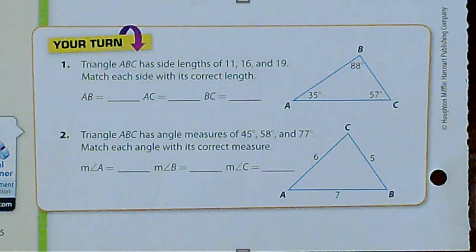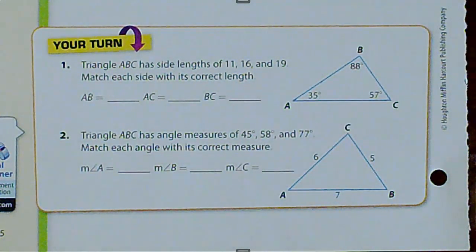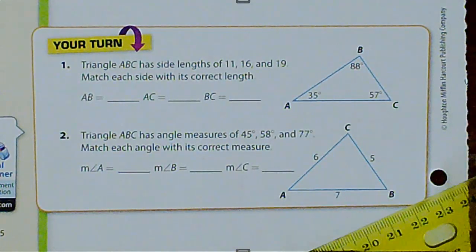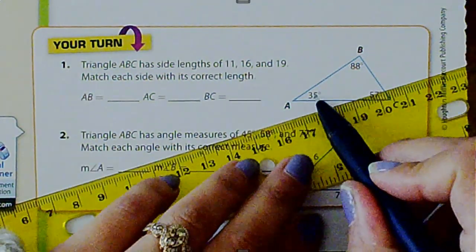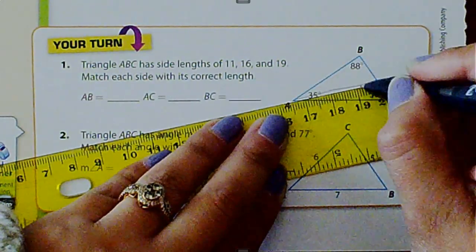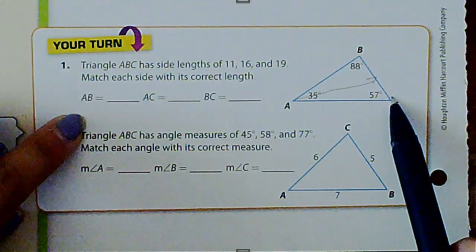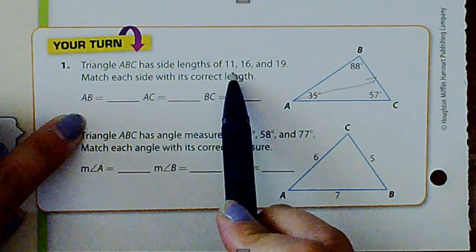Okay, so number 1 says the triangle ABC has side lengths 11, 16, and 19. Match each side with its correct length. So again, if we're using that rule, we know that the shortest side should be opposite the smallest angle. So again, what I like to do is to make sure I'm going to draw these arrows. So if this is the smallest angle, angle A, the side opposite is side BC. So it should be the shortest length, which happens to be 11.